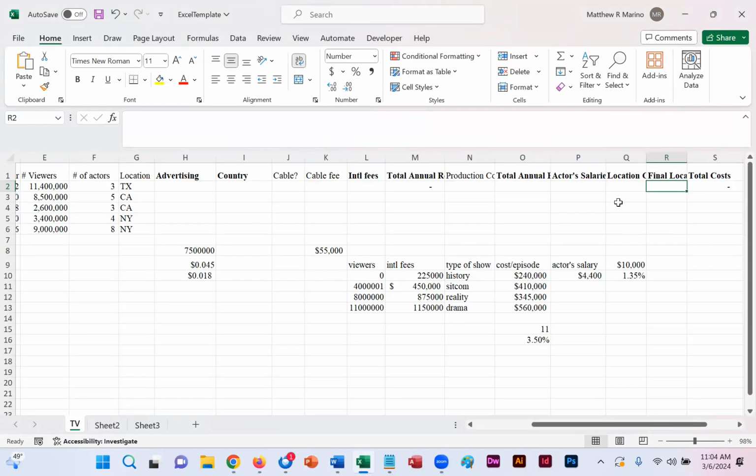So if the location cost in column Q is over 10,000, the final drops down to 10,000 because that's the max. Then you put another comma and 0, because if the IF is false, it's not one of the New York locations, so the final location cost has to be 0, just like the location cost was.